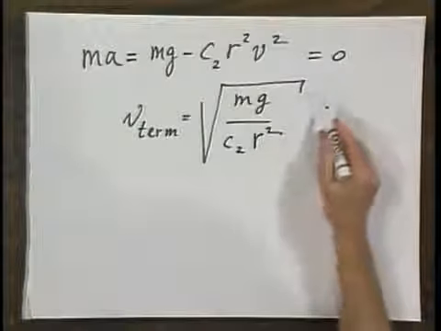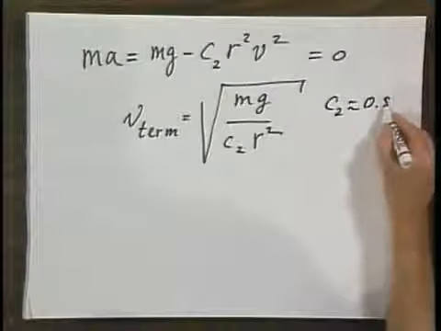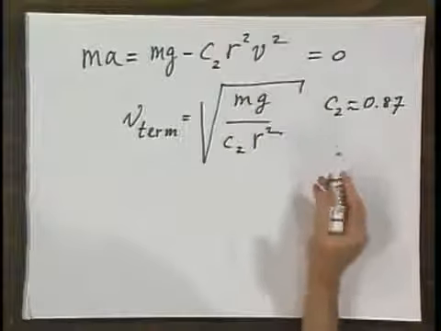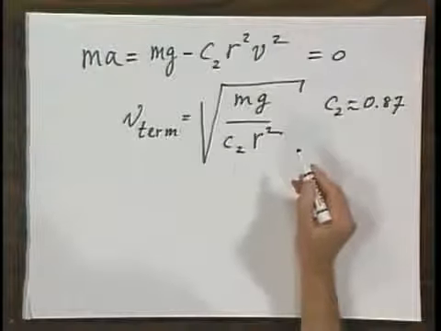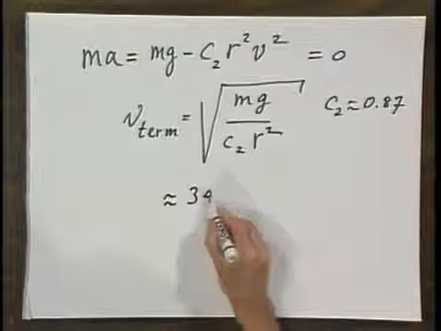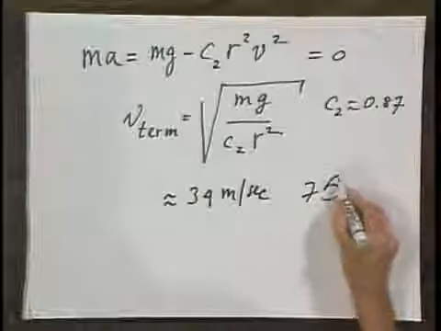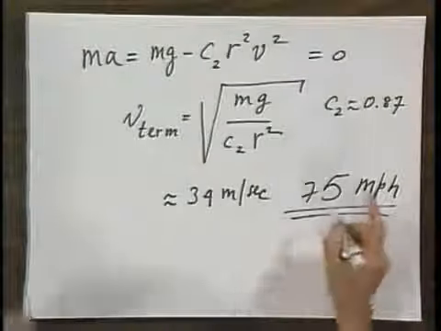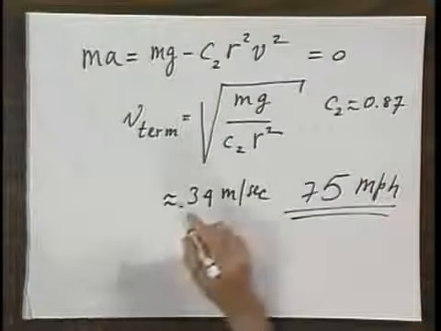Now, if we do this in air, then c2 is 0.87. And so for our pebble, we can substitute the mass. And we know g, you take 10 meters per second squared. We know c2, we know the radius. You will find that this is approximately 34 meters per second, which is about 75 miles per hour.